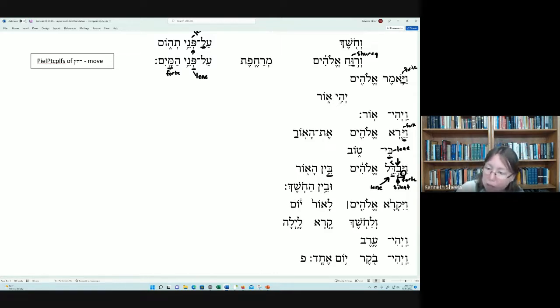And it is preceded by the final mem, so it's preceded by a consonant sound. This is therefore going to be another lene. Then as we come on down, you can see that's another shurik there. You're wondering, wait a minute, we just said last week that syllables in Hebrew could not begin with a vowel sound. That is correct.